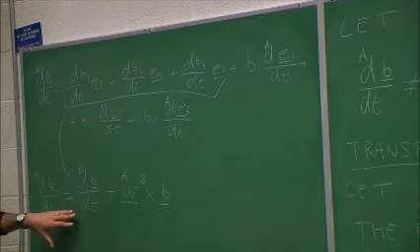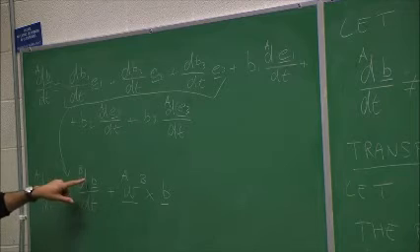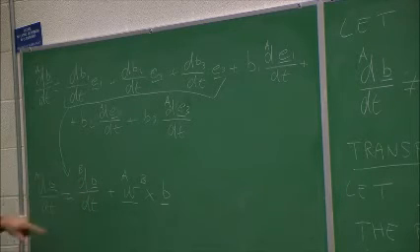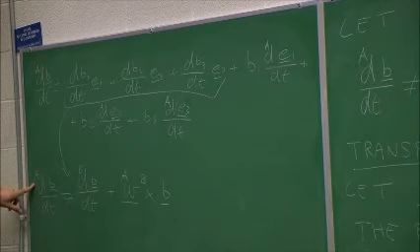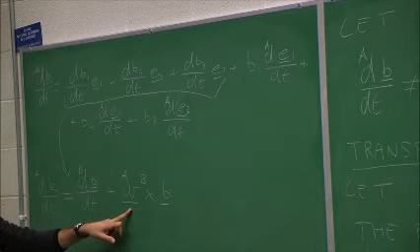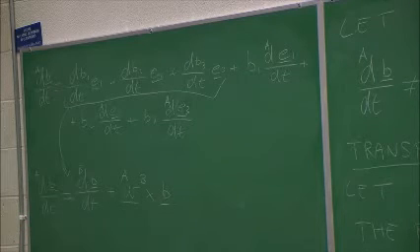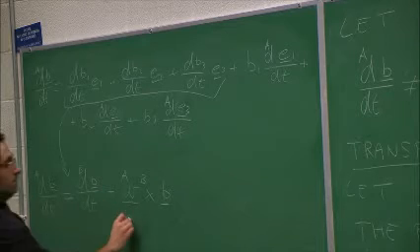If I am an observer fixed in B, and I can write the vector little b in my coordinate system, but I want to know what A sees, as long as I know how the two reference frames, B and A, move with respect to each other, I can find the rate of change of b in A. Yes? I'm sorry, just to understand your nomenclature, that is the angular velocity of B with respect to A?